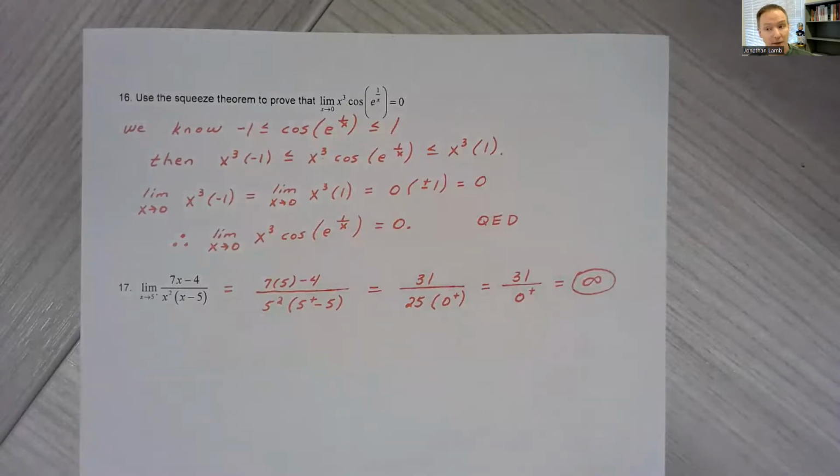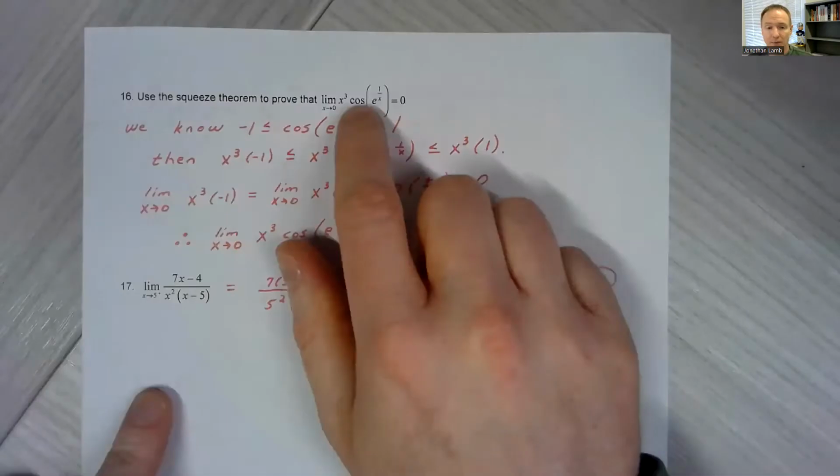Well, the limit doesn't care that it doesn't exist at the point. It only matters what happens as we near the point. And what we know is that that sine or cosine will exist as we near 0, and wherever it does exist, it's always between -1 and 1. That's going to be the first step in setting up the squeeze theorem in these problems.